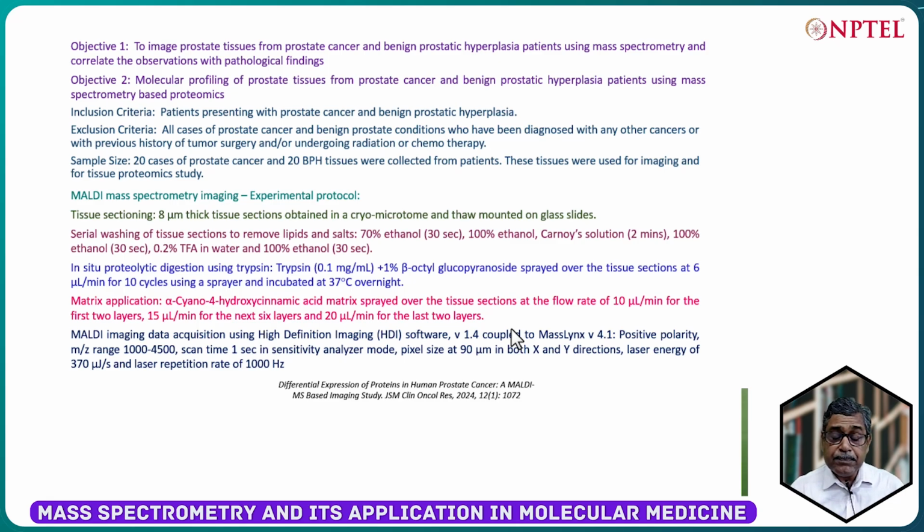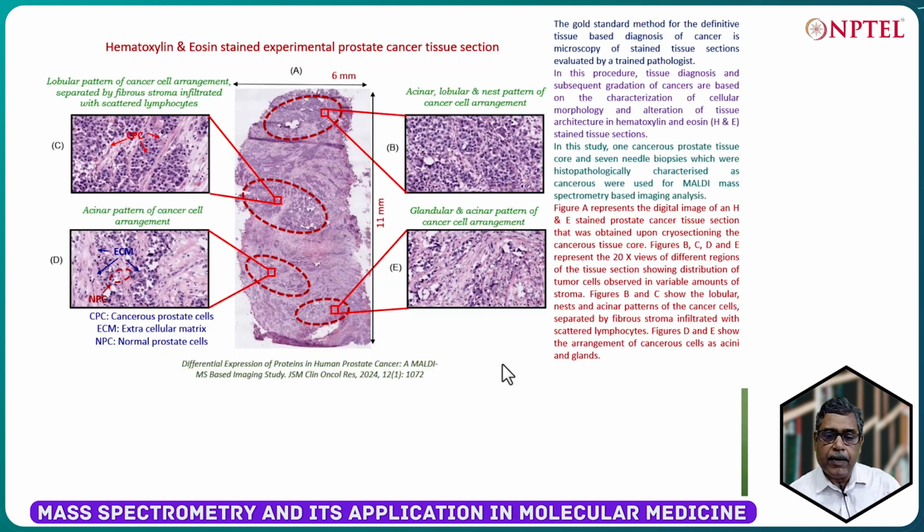And then pixel size, which is the additional thing in imaging, is 90 micron for both x and y direction. Laser energy is 370 microjoule per second, and laser repetition rate was 1000 hertz. So this is the protocol that is used, and its details are explained in this paper.